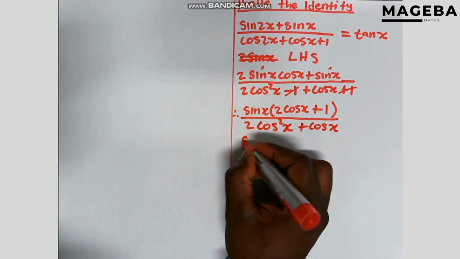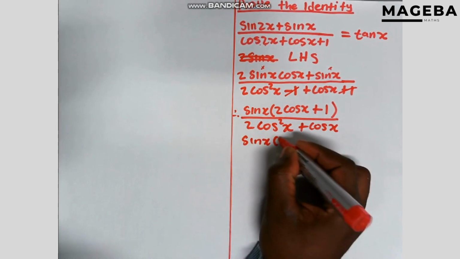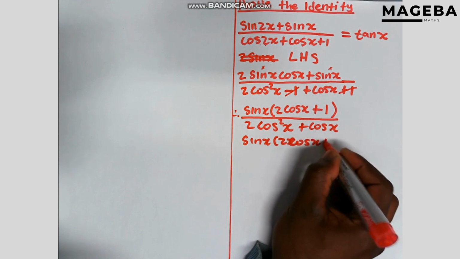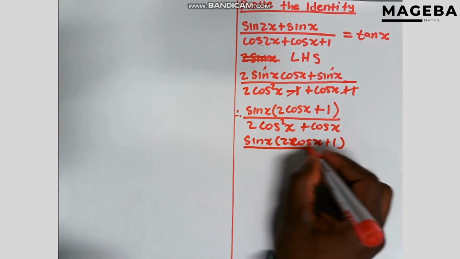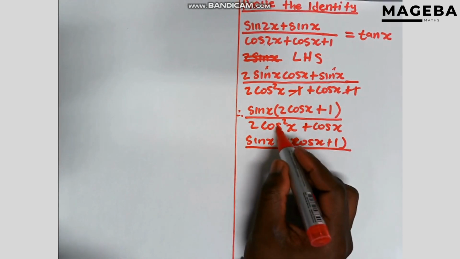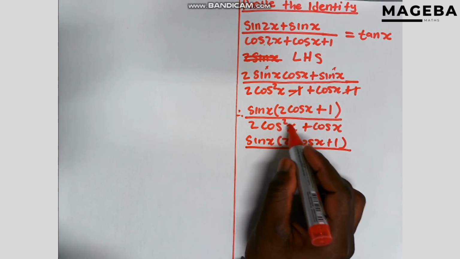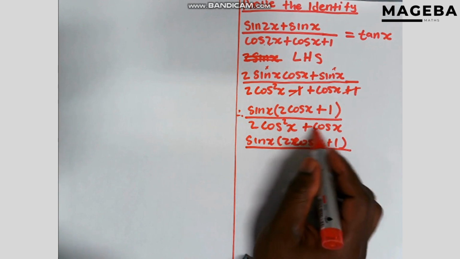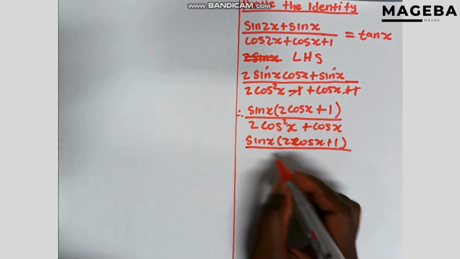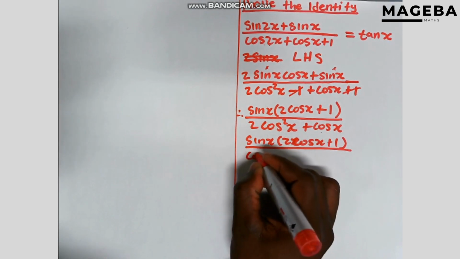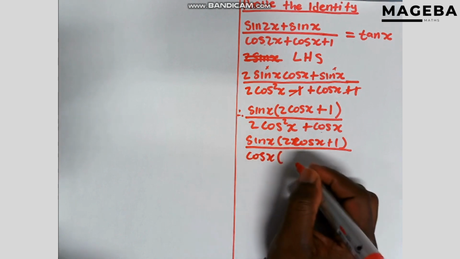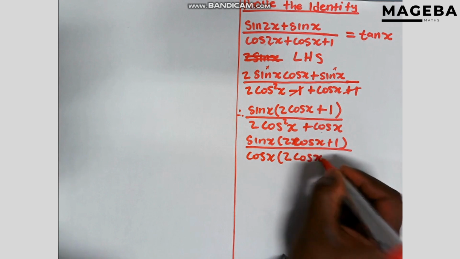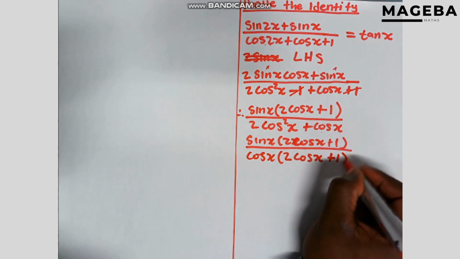Take this one here as it is, then plus 1. Now I hope you see that we have a common factor here of cos. So if I take cos x out, I'm left with 2 cos x, then plus 1.